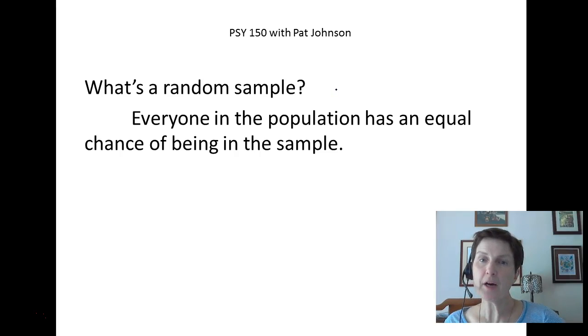And the cool thing about a random sample is it is representative, meaning in your random sample, there will be approximately the same percentage of every variable you can think of, every demographic characteristic, whether we're talking about age or gender or race or ethnicity or religion.